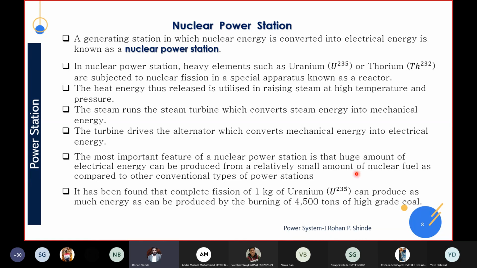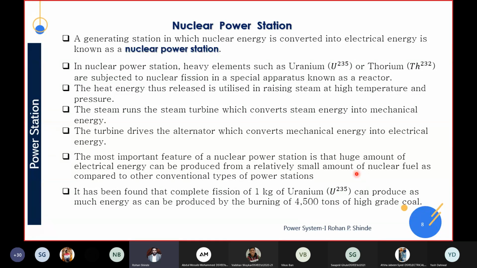It has been found that complete fission of 1 kg of uranium can produce as much energy as can be produced by burning 45,000 tons of high grade coal.